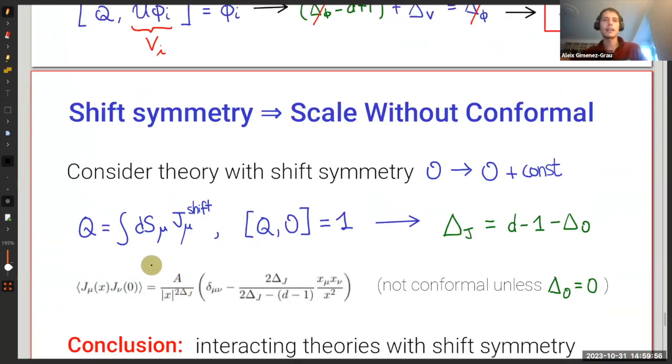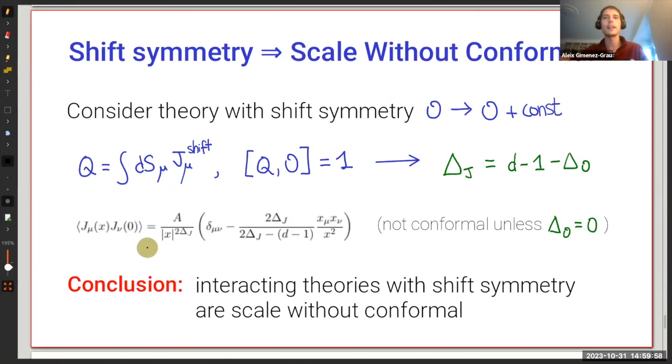Remember that was my very general argument. I was saying you have some free field, and this free field can be shifted by a constant, and then you compute what's delta J, and you say, oh well, this doesn't look like the 2-point function of a primary operator.